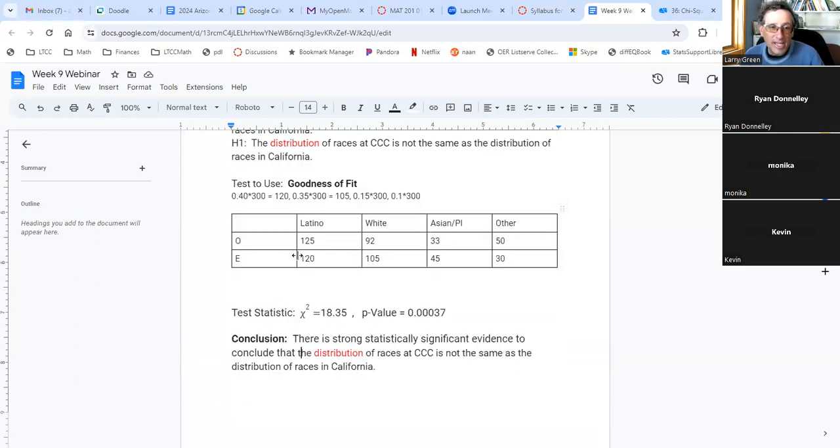Can we say that, hey, we observed more Latinos than we expected, so the reason why the distribution of races at California Community College is not the same as the distribution of races in California is because there's more Latinos? Okay, and the answer is you can't conclude that from this p-value.